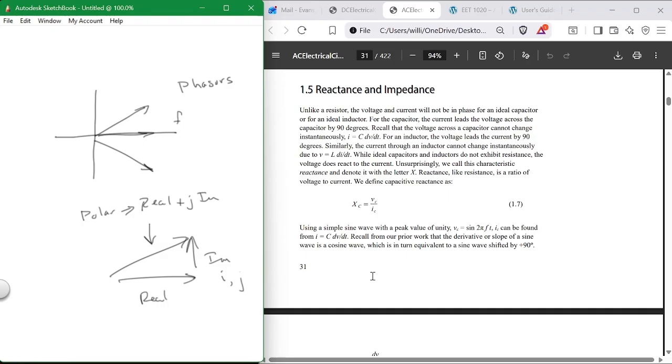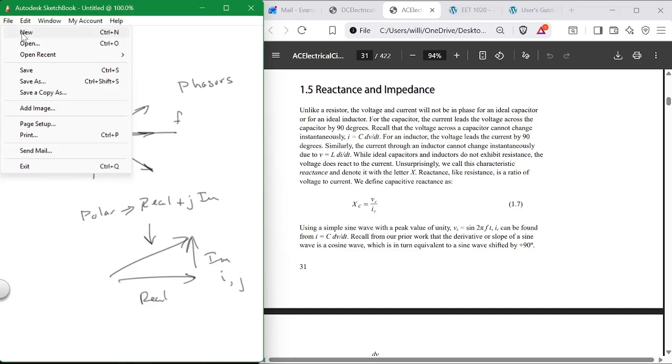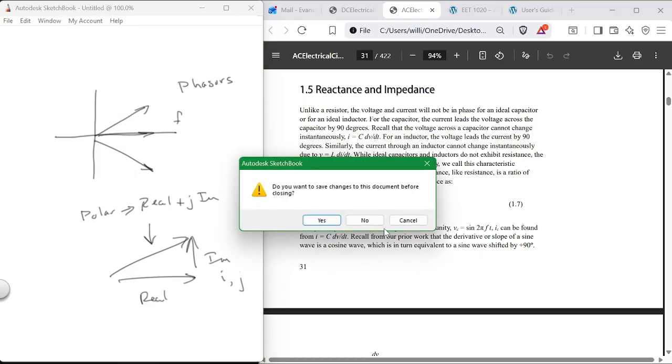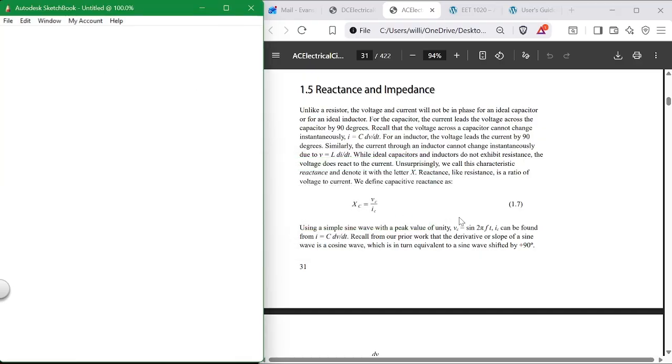Now here it gets down to the reactance through a capacitor and an inductor. Okay, so we have V equals IR, right? For a capacitor, what do we have for capacitor and inductor?